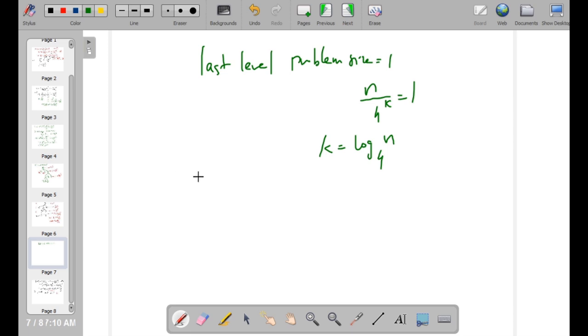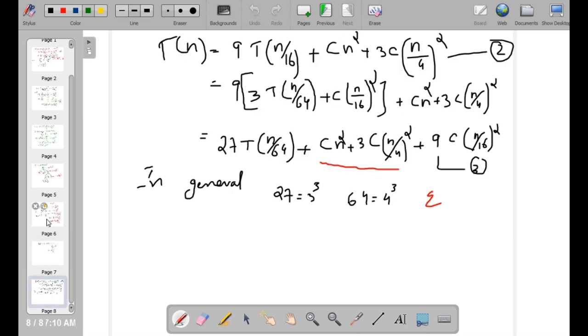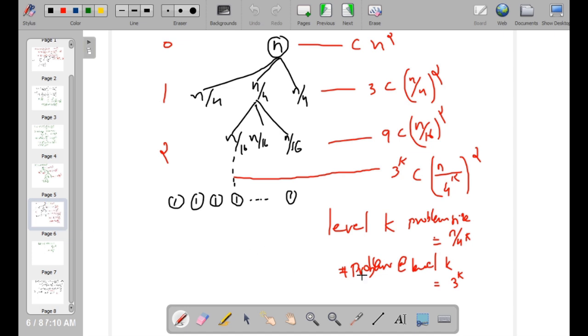Then what is the number of problems? 3 raised to k.